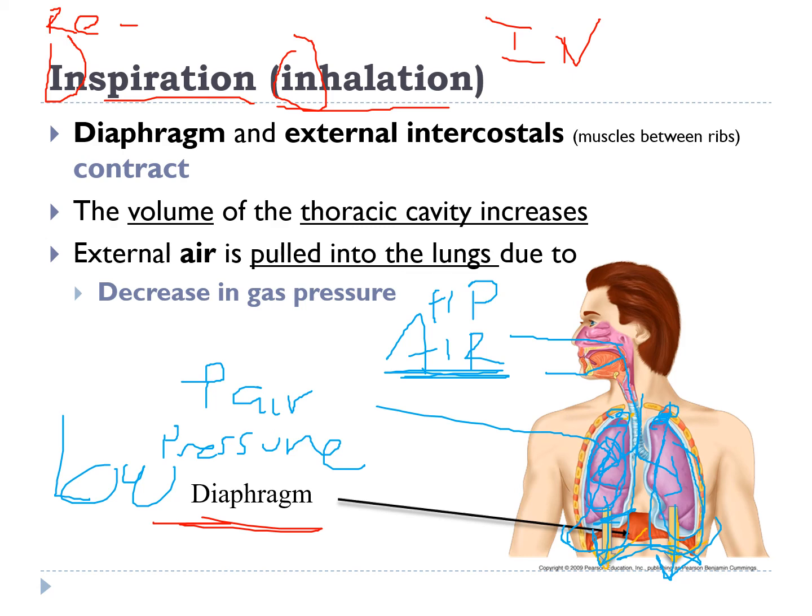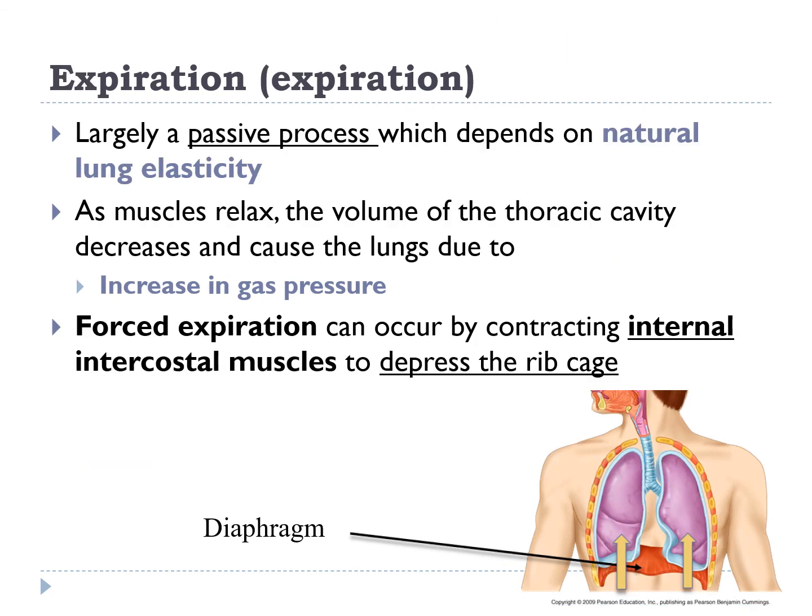Okay. So expiration, or pushing the air out, which is the out of respiration or ventilation, is the opposite. It's the exact opposite. Remember, skeletal muscle can only contract and relax, but it can't contract two ways.